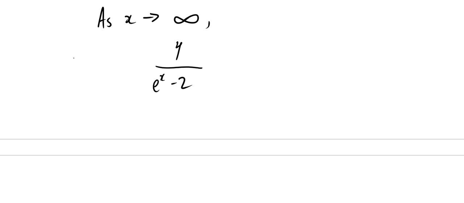So e to the x approaches infinity. If e to the x is going to infinity, is minus 2 going to stop it from going to infinity? I don't think so. So as that's getting really big, this whole thing is getting really big.